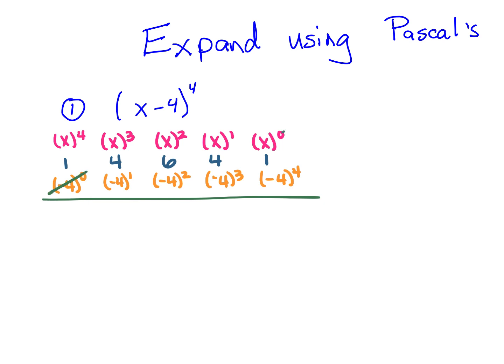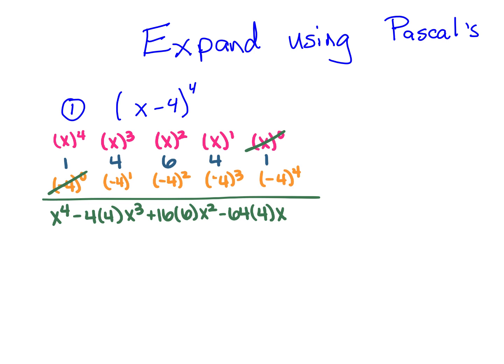I'm going to cancel out my powers of 0. And then I have 1 times x to the fourth, which is just x to the fourth. Next, we have negative 4 to the first power, which is negative 4 times x cubed. Next, we have negative 4 to the second power, which is positive 16 times 6 times x squared. Next is that negative 4 to the third power, which is negative 64 times 4 times x to the first, which is just x.